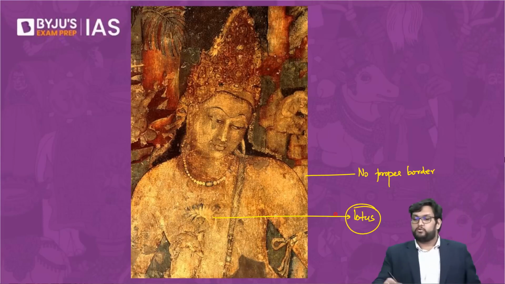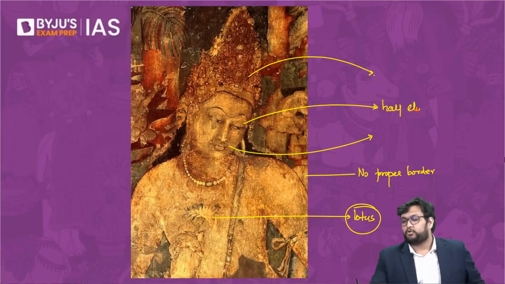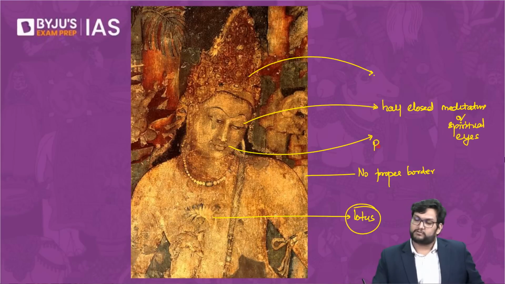And you now see two-three elements which will become very standard in Buddhist imagery. One is the half closed meditative or spiritual eyes. Then you have the pouted, or rather the protruding lips.